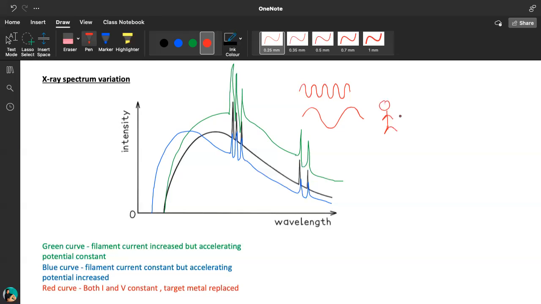If they cannot penetrate, then they are absorbed. So it's like 100 coming, if only 20 is penetrated, then 80 is absorbed. If I make the X-ray shorter wavelength, then 100 coming, 80 go through, but only 20 is absorbed.